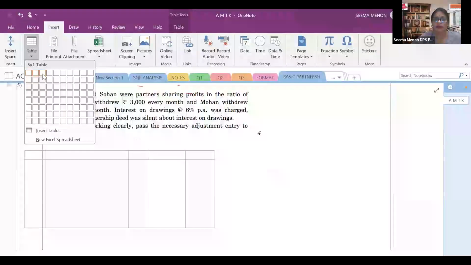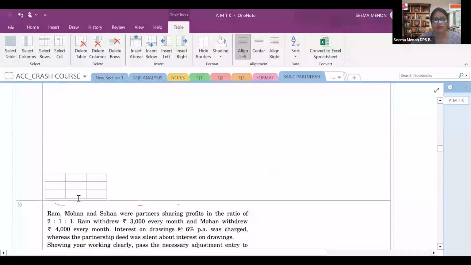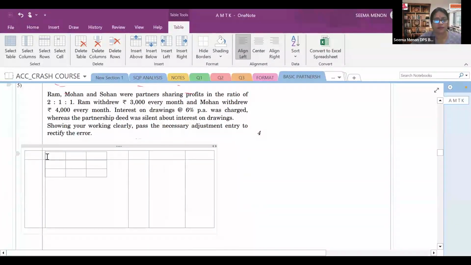Or else you can use a ruler, don't use free hand to draw the table because that will not look good.